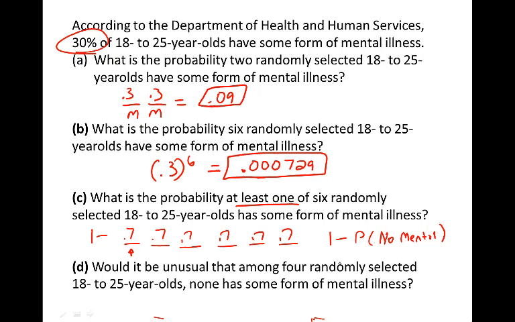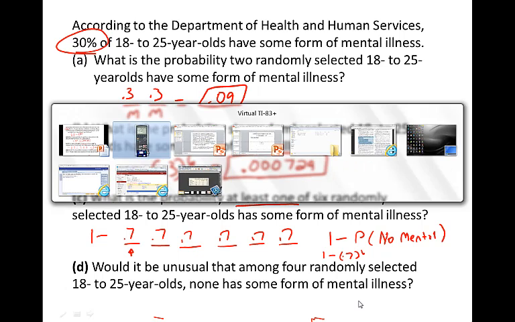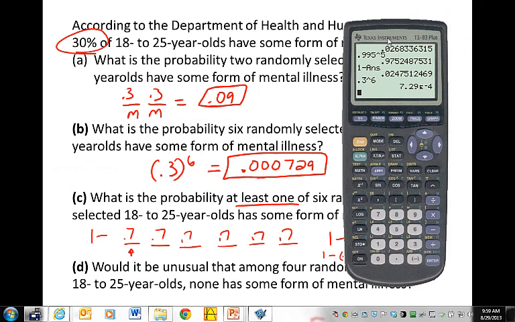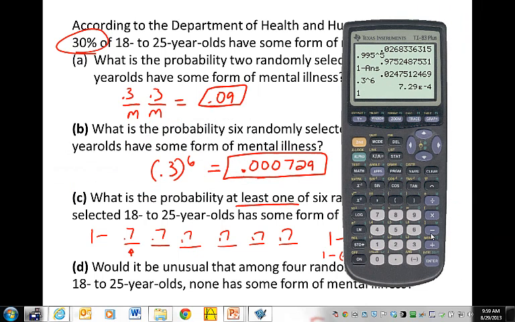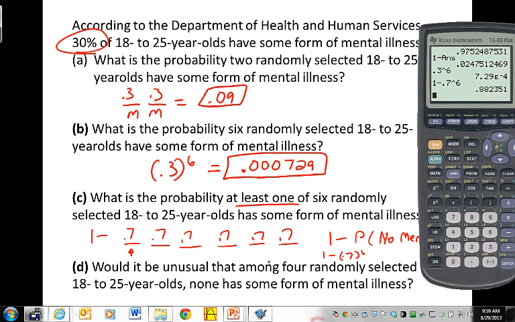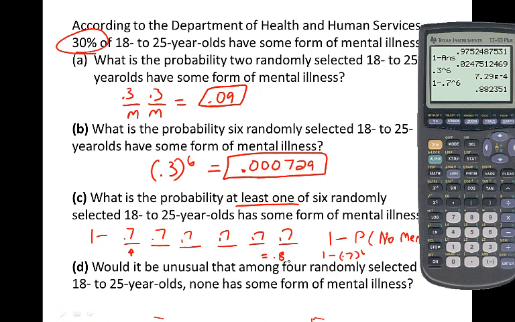So 1 minus 0.7 to the 6th. 0.8824. About 88%.